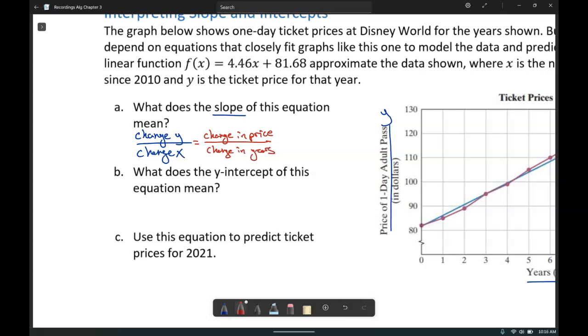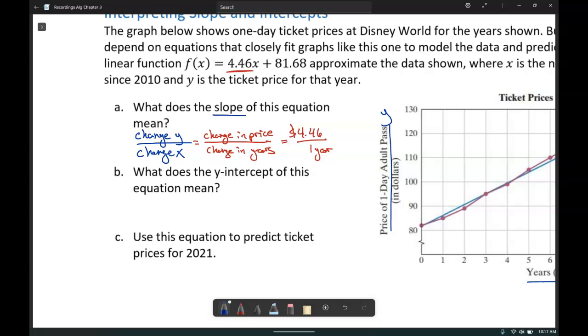So if we consider the slope of our equation given as 4.46 over 1, any value we can make a fraction by putting it over 1, 4.46 represents a change in price. The price is going up by $4.46 every 1 year in increase.